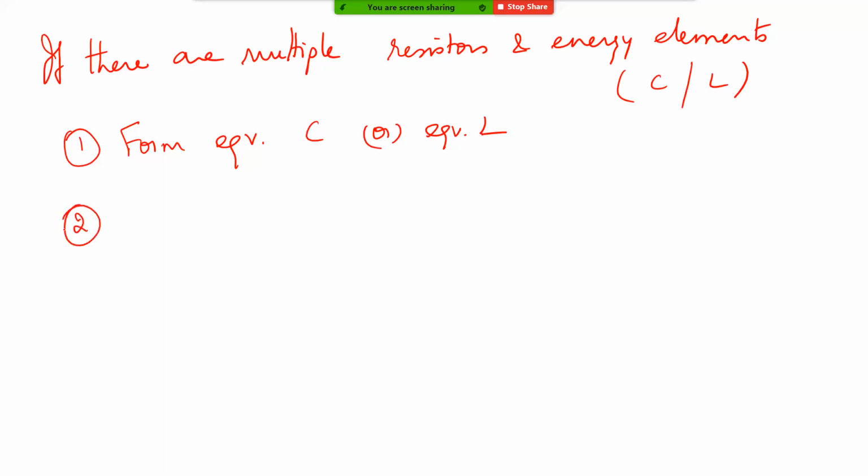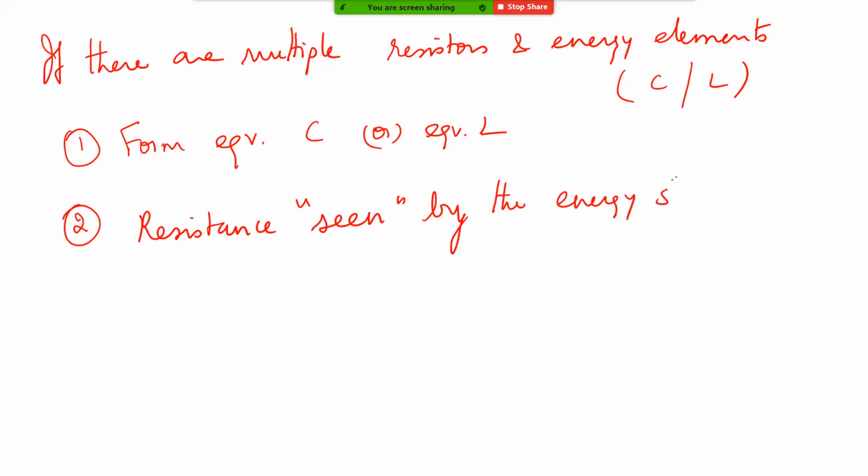Secondly, sometimes it might be very easy to find the resistance seen by the energy storage element.